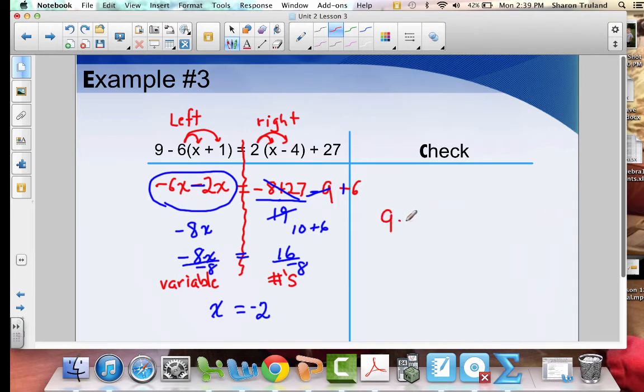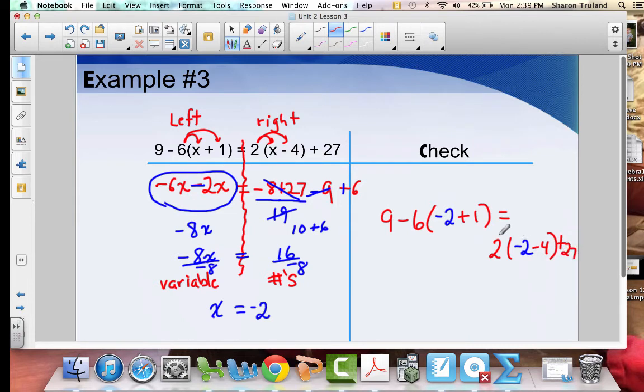9 minus 6, parentheses. In for x, I say it's a negative 2, plus 1, and that should equal 2 times, my x I believe is negative 2, minus 4, plus, I'm going to run out of room here, 27.